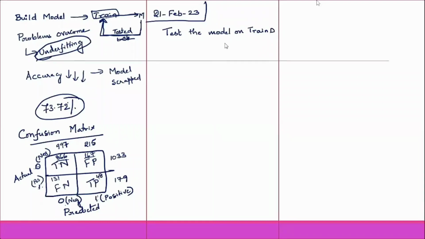The objective of this exercise is to see whether there is any kind of underfitting in the data. In underfitting, as we have discussed earlier, the bias will be much higher and the variance will be much lower. So once you are able to establish that there is no underfitting in the data, test the model on testing data.